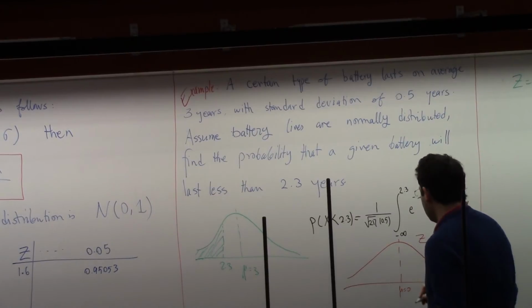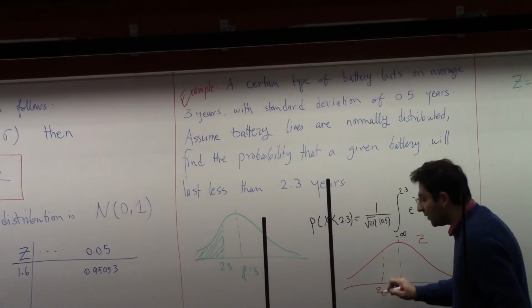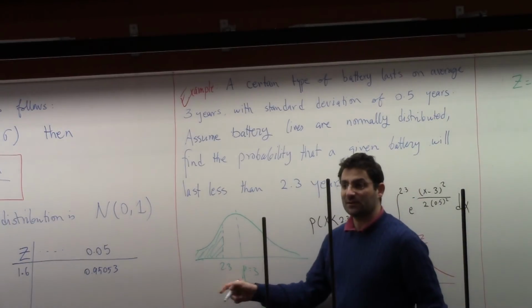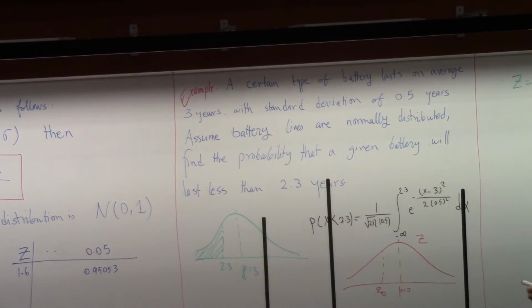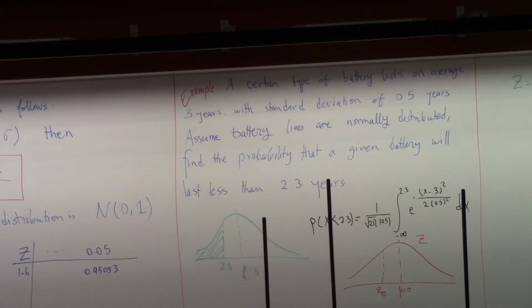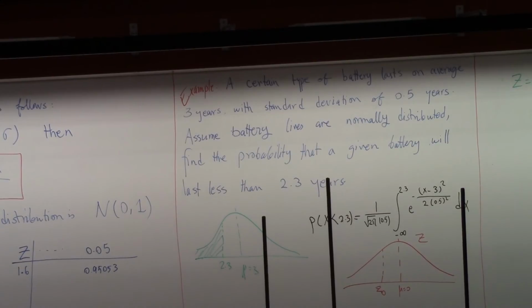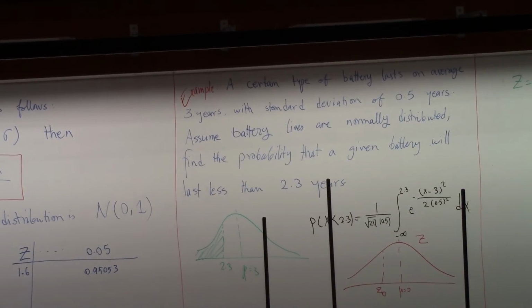We need to know what is now the value of z0, because in case of x it was 2.3, but in case of the new distribution we have to find the value of z0, which is 2.3 minus 3 divided by 0.5, which is 7 divided by 5, which is 1.4.